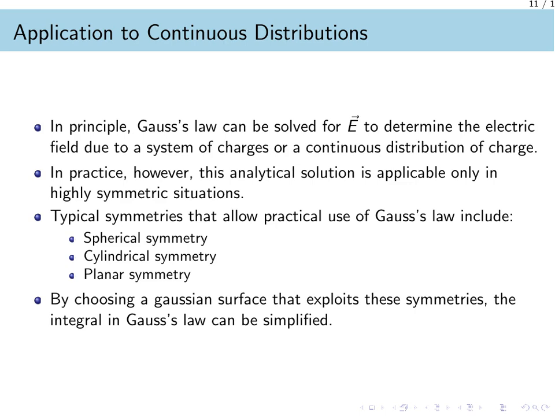There are three typical symmetries that allow us to practically use Gauss's law: spherical symmetry, cylindrical symmetry, and planar symmetry. The trick is to carefully choose a specific Gaussian surface that perfectly matches the symmetry of the charge distribution. By exploiting these geometric symmetries, the dot product and the surface integral in Gauss's law can be simplified dramatically, allowing us to easily solve for the magnitude of the electric field.